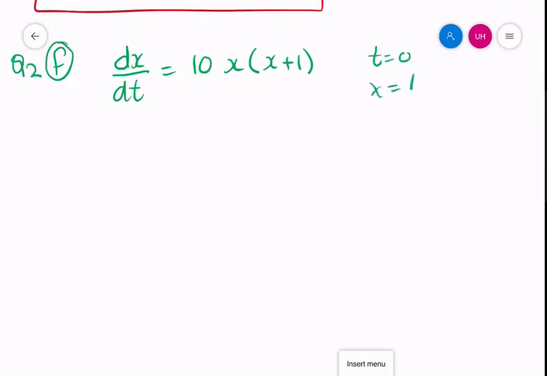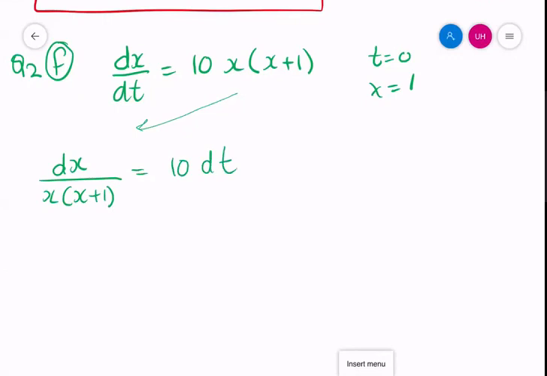Again, what we need to do is separate the x's and the t's. In this case, all we need to do is bring the x's from the right side to the left. So this is going to be dx over x times x plus 1 equals 10 dt.